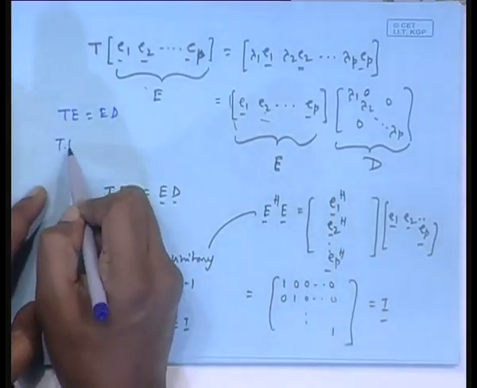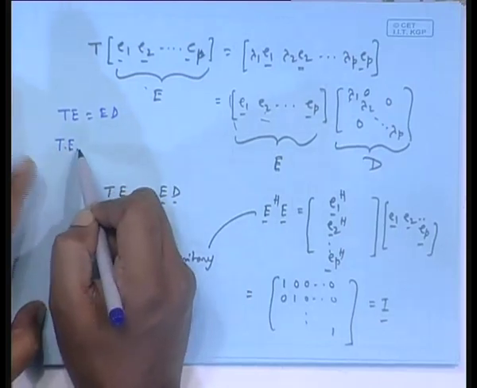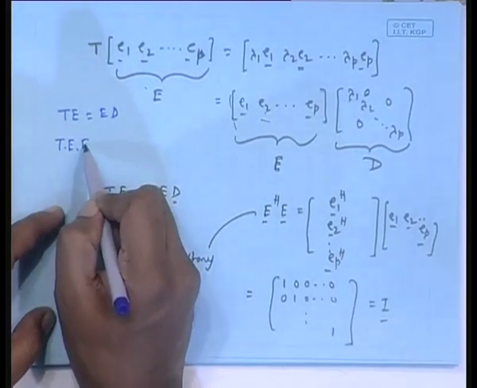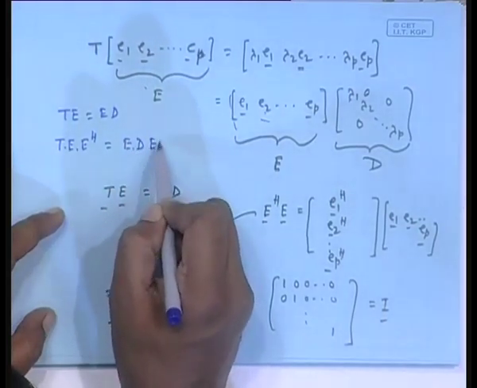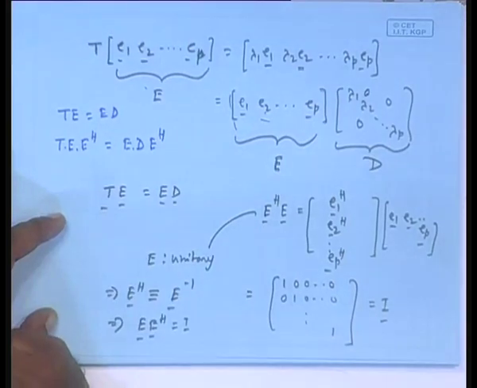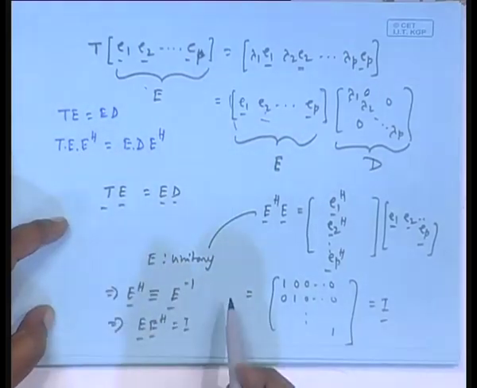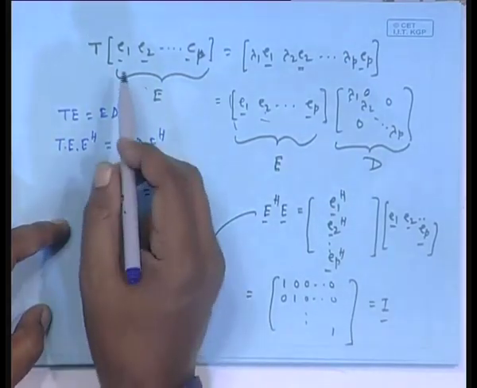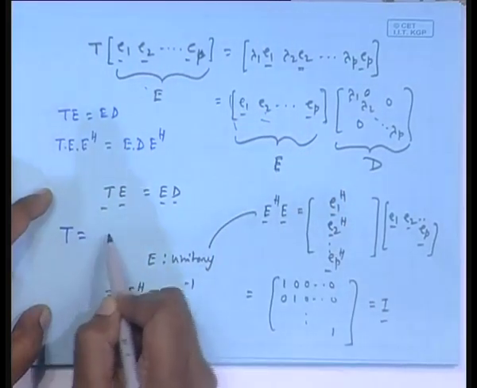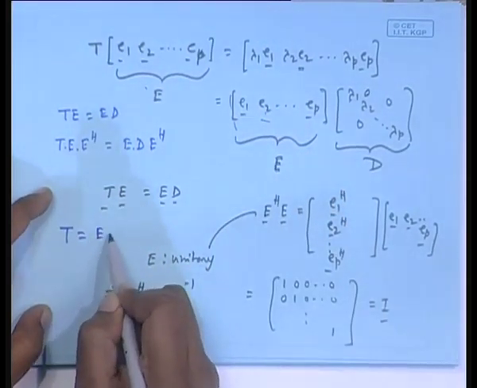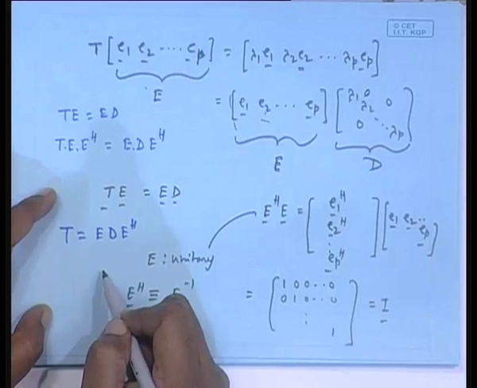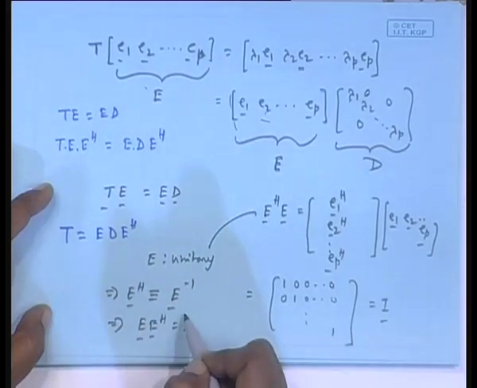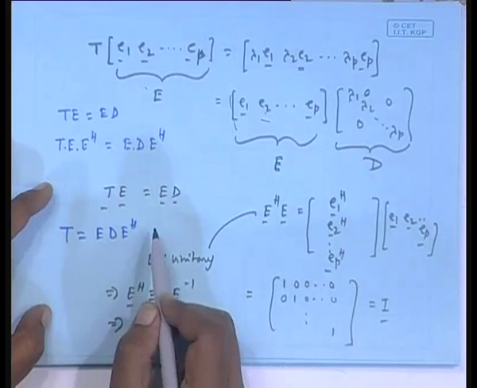So if I now take this equation, TE, and bring another matrix here, E Hermitian, here also ED E Hermitian. But E E Hermitian cancels; I have told you E is unitary and E Hermitian is the inverse of E. So that means T is, this is the main result, T can be written in this kind of form, E D E Hermitian, where E consists of the eigenvectors normalized to unity, D consists of the corresponding eigenvalues, and this is the Hermitian transposition of that.